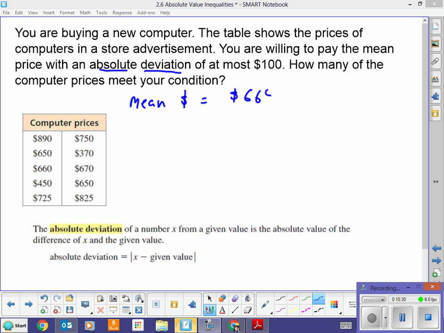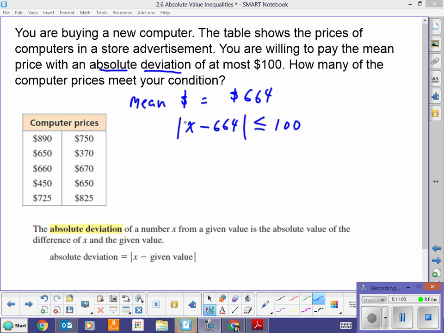You added up all these prices and divided by 10, you get 664. So my absolute value inequality is the price of the computer minus 664, and that deviation has to be less than or equal to $100. It can be $100 more than 664 or $100 less than 664.